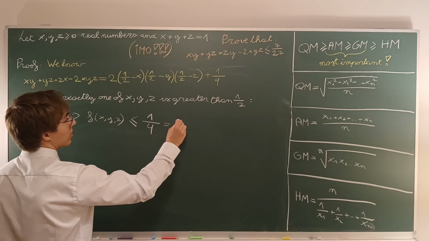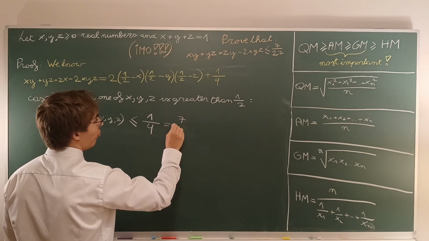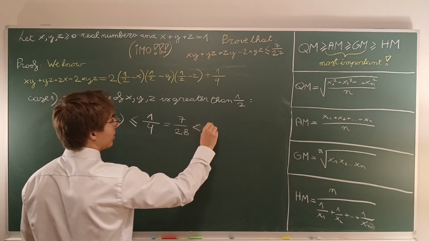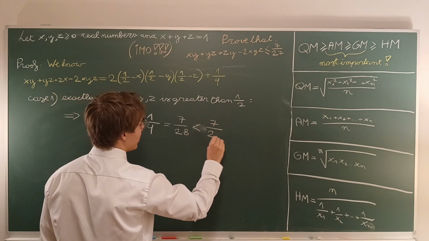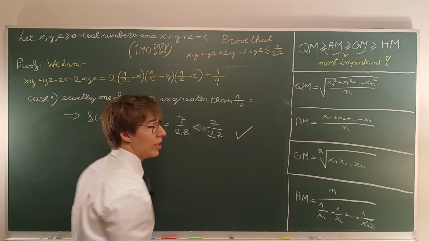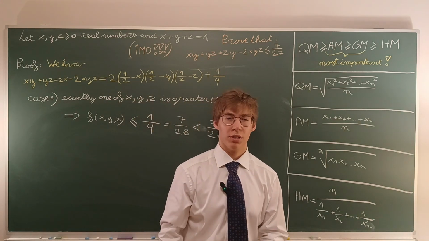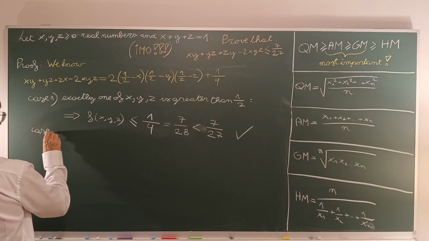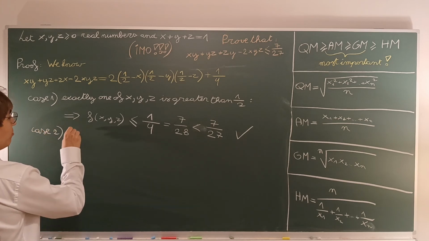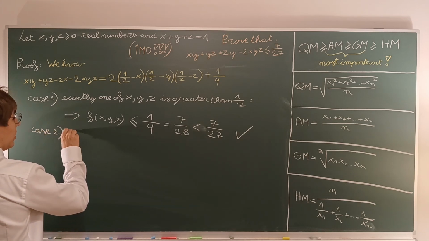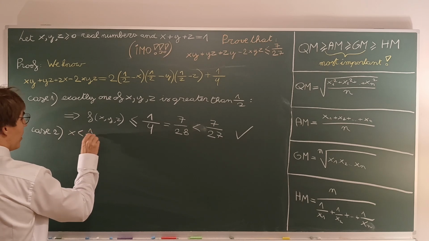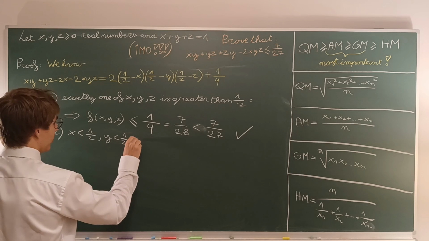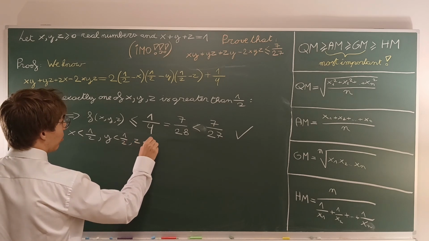But this is just 7 over 28, which is less than 7 over 27. So in this case, we have proven the inequality. Now in case 2, we can assume that x is less than 1/2, y is less than 1/2, and z is less than 1/2.